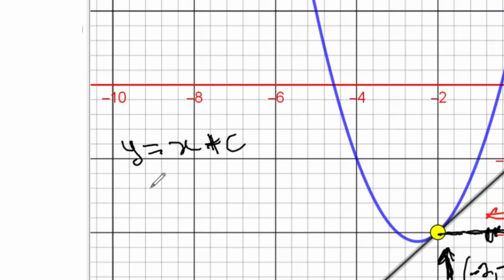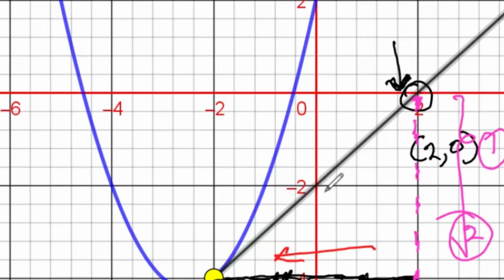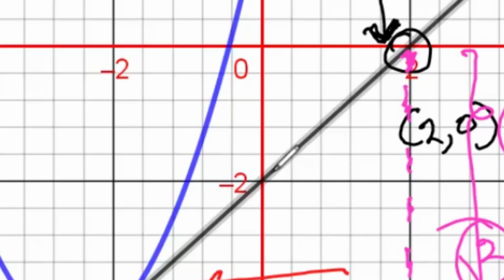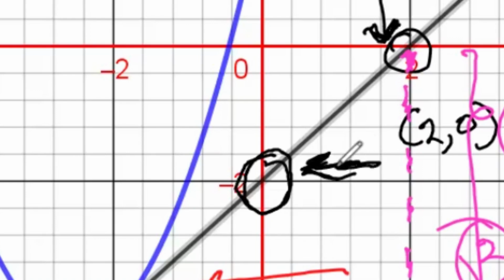Now, how do we find c? C is the intercept on the y-axis. This is where the tangent meets the y-axis. What is the value of the number where this tangent meets the y-axis?